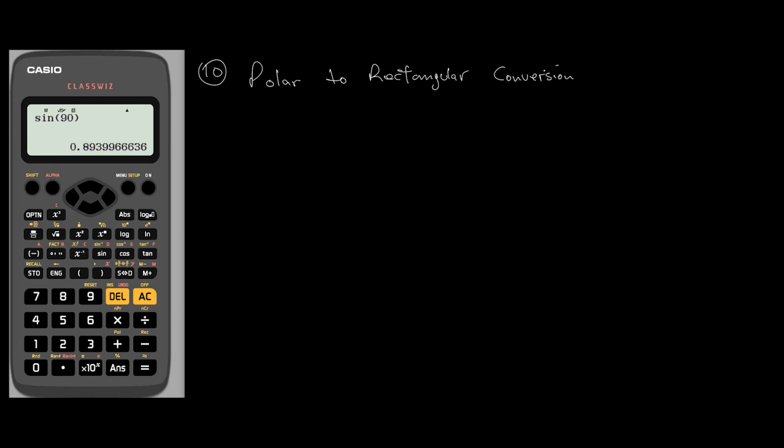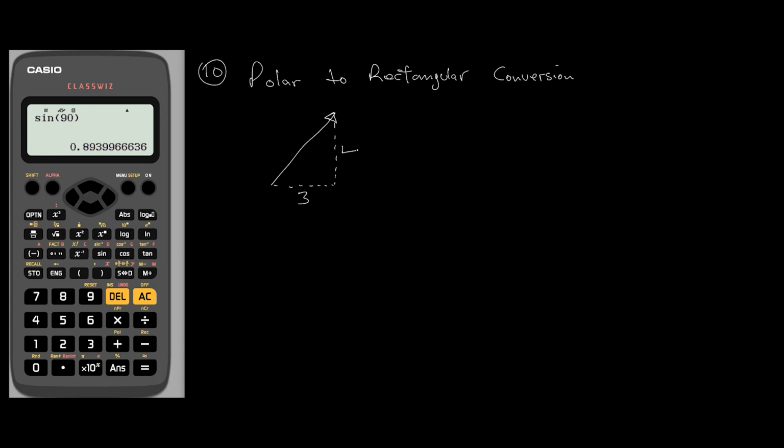Polar to rectangular conversion. Now then, we need to conceive some sort of problem here. So maybe we could have something like this. So we have a vector, like so. Horizontal component across here is 3, maybe 3 volts perhaps.